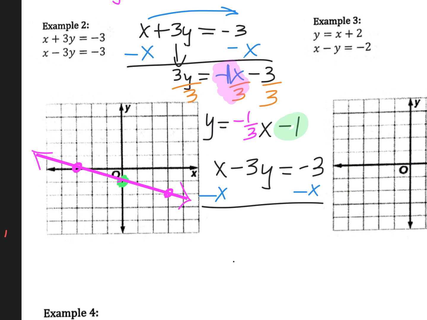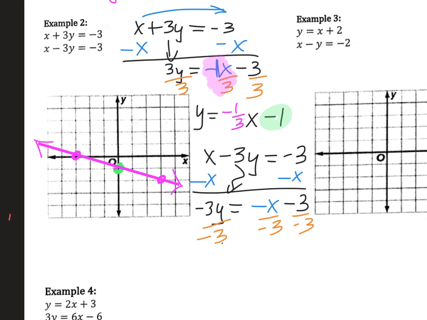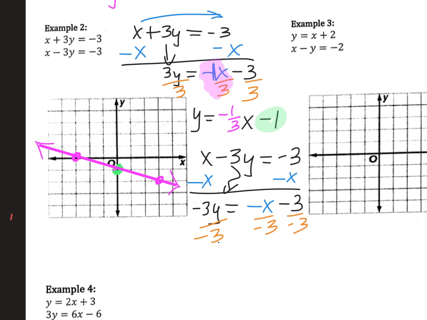Okay, so I'm going to do exactly what I just did in the first example, and I'm going to rewrite the right-hand side. So it's minus x minus 3 as 2 separate parts. I'm going to bring down that -3y. And you guys know by now you are going to divide. Lots of negatives here that you could make a mistake with, though, so please be careful. So I've got y equals, what's my slope for this one? +1/3.